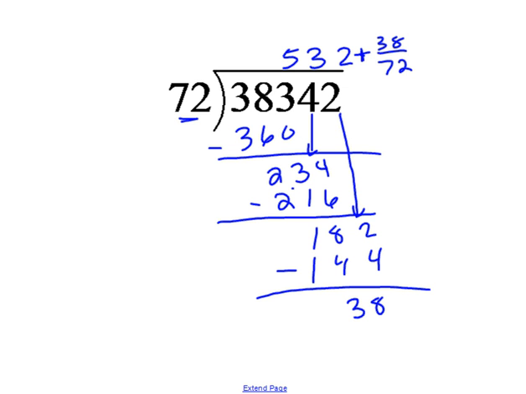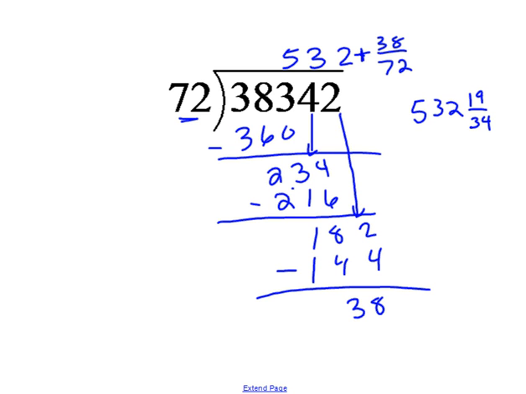I'm going to put the plus sign there because that's going to come in handy later. And then, of course, you want to reduce your fractions. So we're going to write this is the same thing as 532 and 19/34. I just reduced 38 over 72.